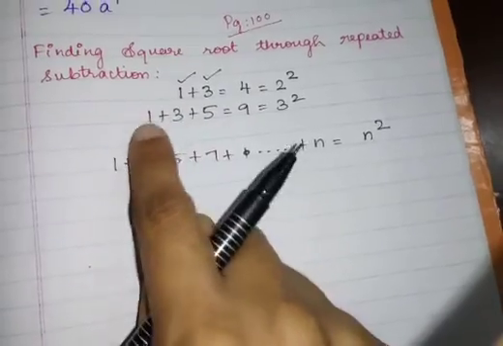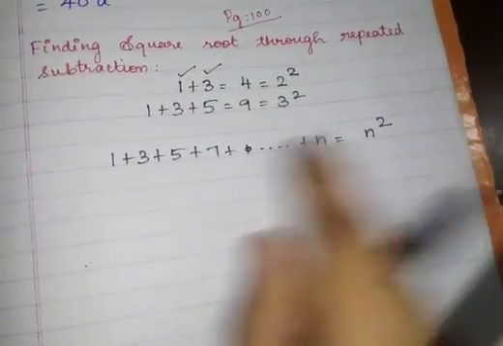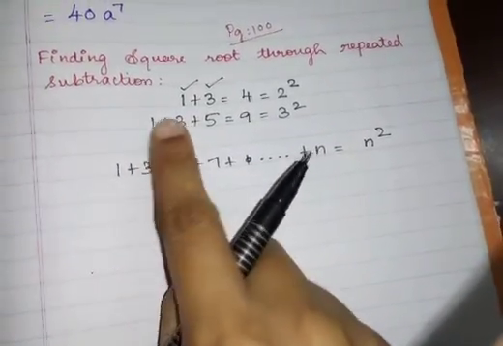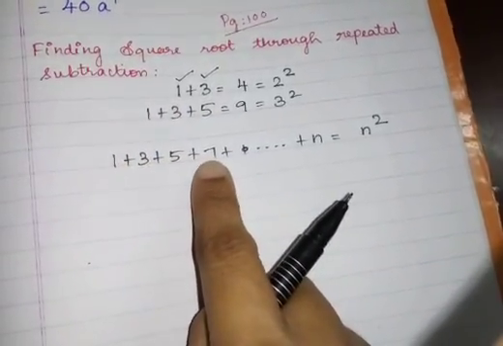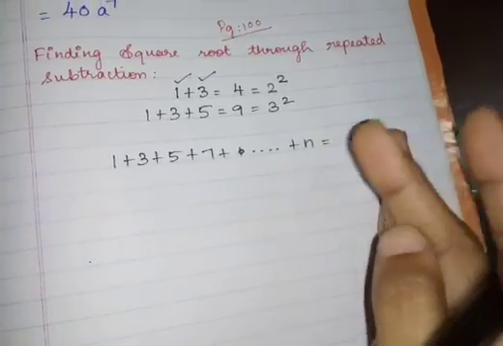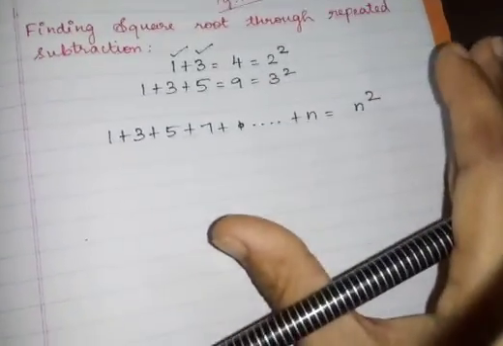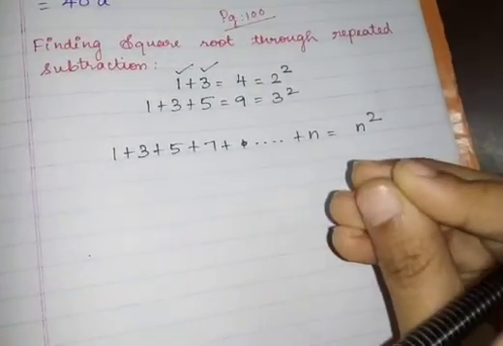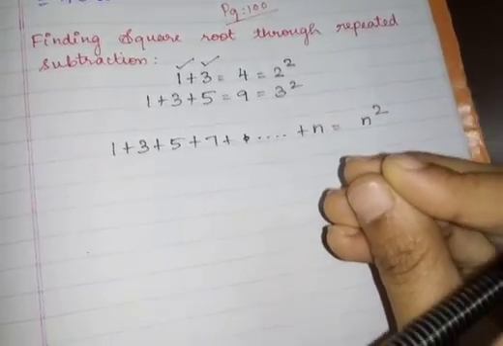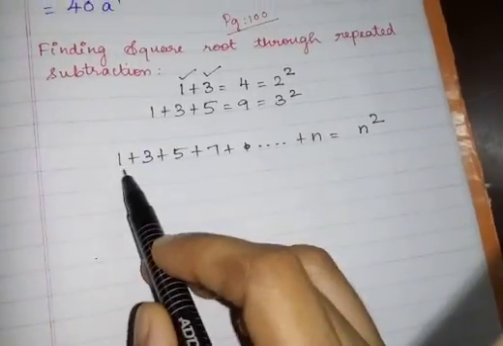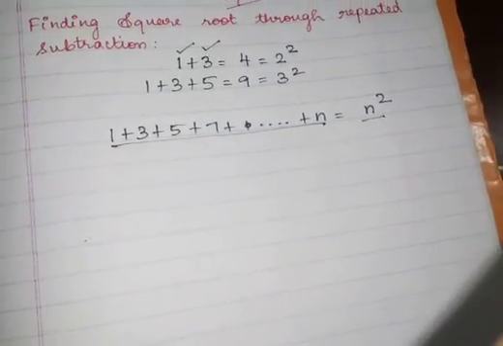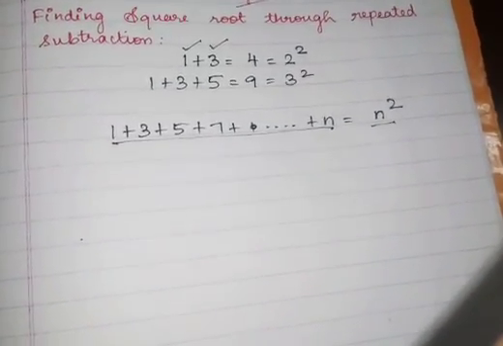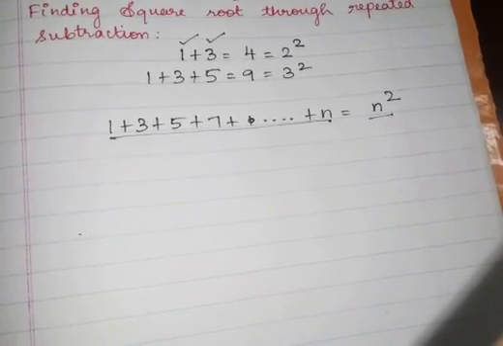Starting from 1, then 3, 5, then 1, 3, 5, 7 means 4 square. 1, 3, 5, 7, 9 means 5 square. If I add the first 5 odd numbers, you will get 5 square. Likewise, when you add the first n odd numbers, you will get n square. Did you understand this? We have just recalled this concept.